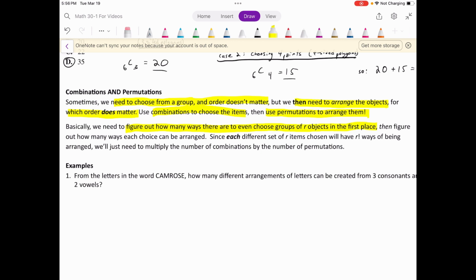If we need to figure out how many ways there are to arrange a certain number of choices, well, first we need to figure out how many different ways we could even make our choice in the first place. Then we can worry about how many ways there are to arrange them, right?